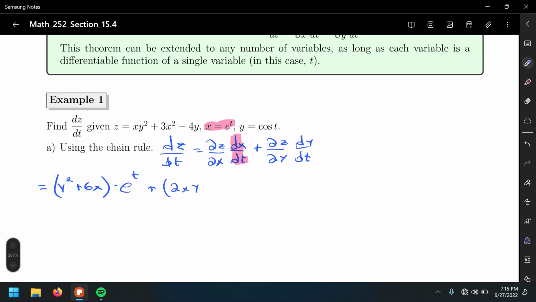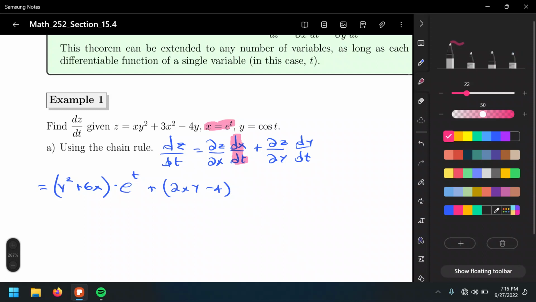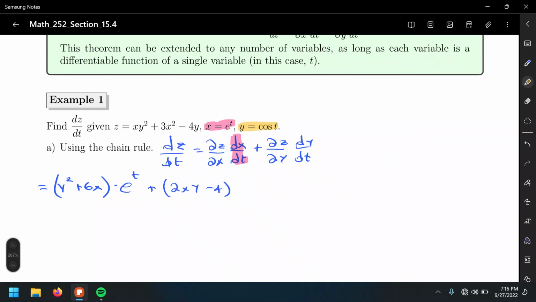And the second term is going to get zeroed out because we're differentiating with respect to y, and the derivative of negative 4y would be negative 4. And now we're going to multiply by the derivative of y with respect to t.